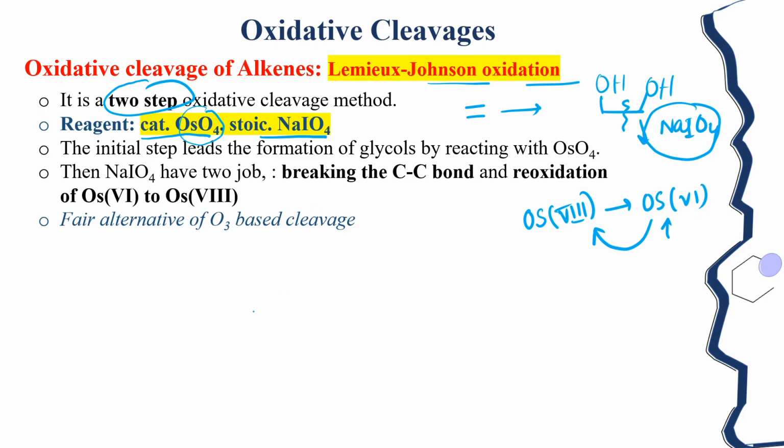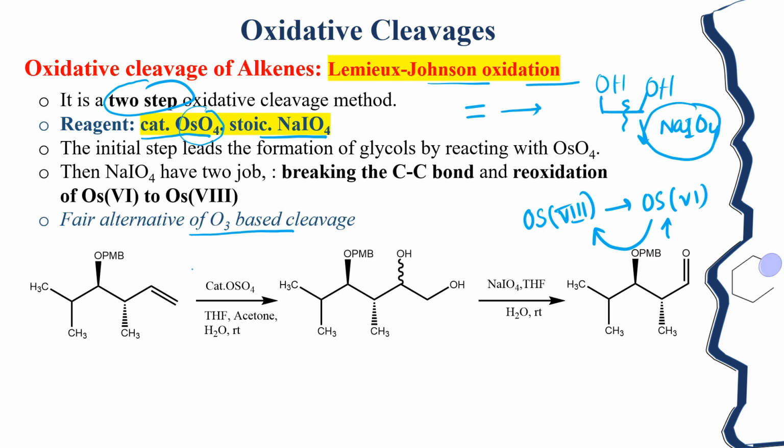This is a fair alternative to O3-based cleavage. So this is the reaction you can find here: the alkene reacts with catalytic OsO4 at room temperature to form the dihydroxylation. The diol formation takes place, and followed by NaIO4 treatment, we get this particular C-C bond cleaved.